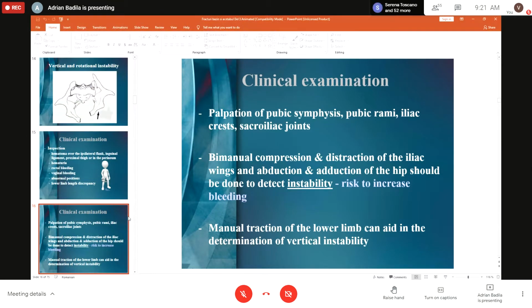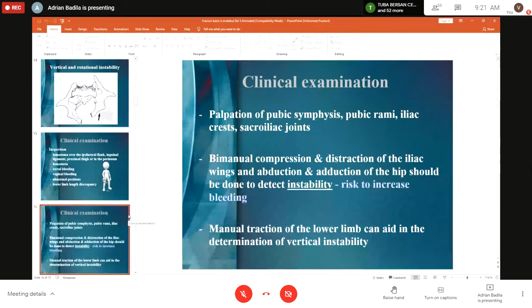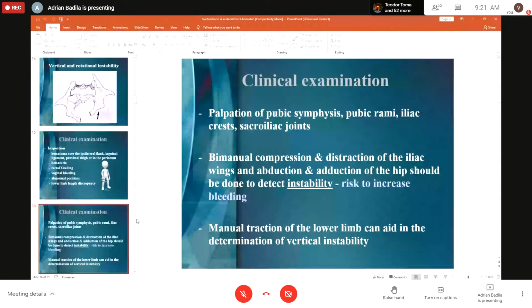It can detect instability, but there is a risk of increasing bleeding by the mobilization of the primary clot. So we don't advise these maneuvers. And we can also perform a manual traction of the lower limb in order to detect an eventual vertical instability.